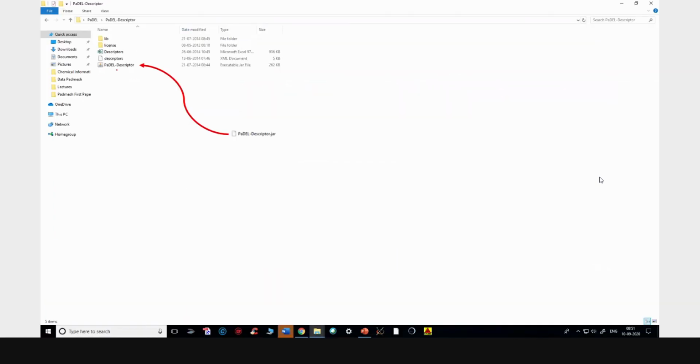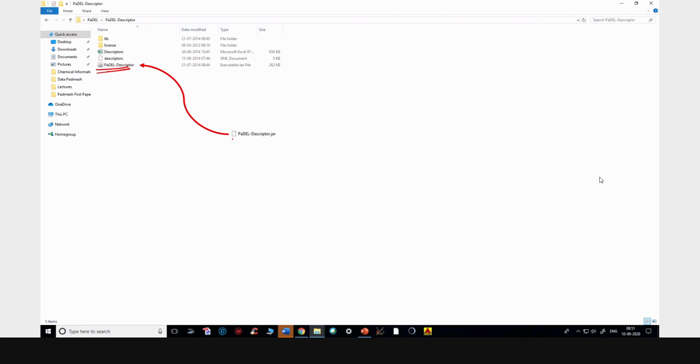Now, one error that many of you will get is if you don't have the correct Java properly downloaded on the computer. Inside the PaDEL-Descriptor folder, there will be another file called PaDEL-Descriptor which you have to double click, and you can do the calculation, but this will not open if Java is not installed, or maybe whatever the recent version is needed.